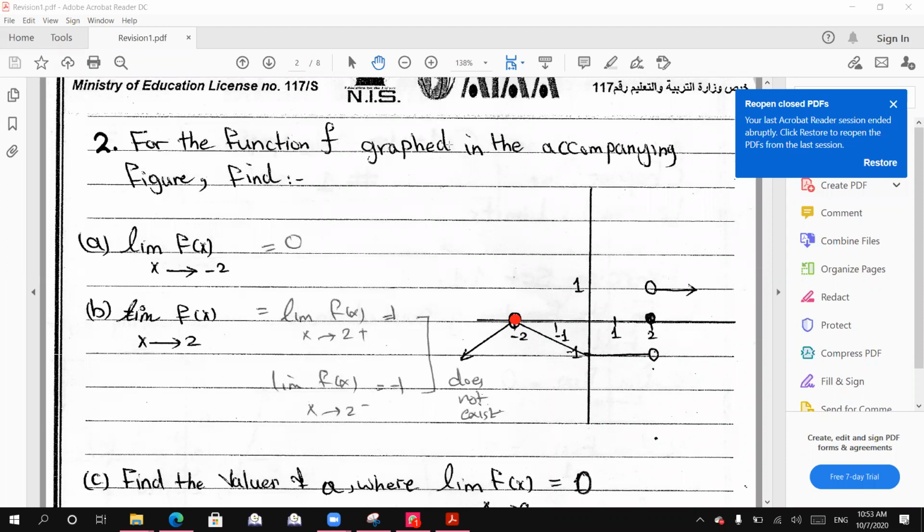But if I remove this red circle from here and put it, as an example, here, look, now the function at point -2 is open, so there is a limit, and also there's a value of f of -2, which is equal to 1, but it's not continuous.